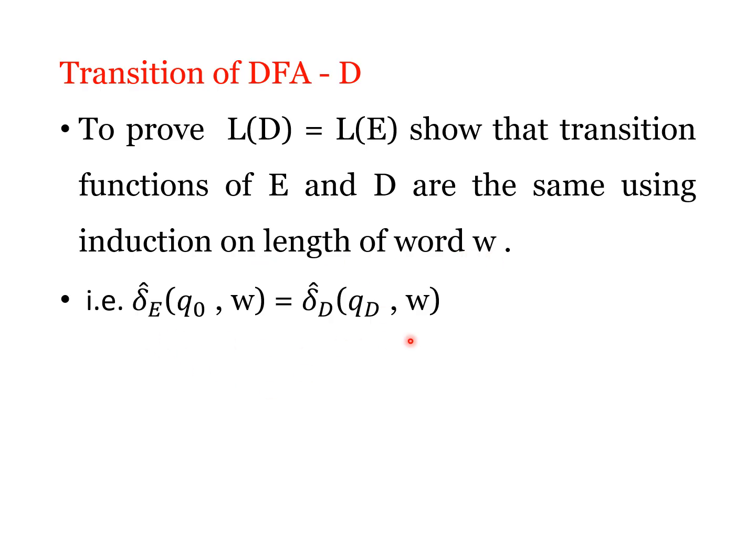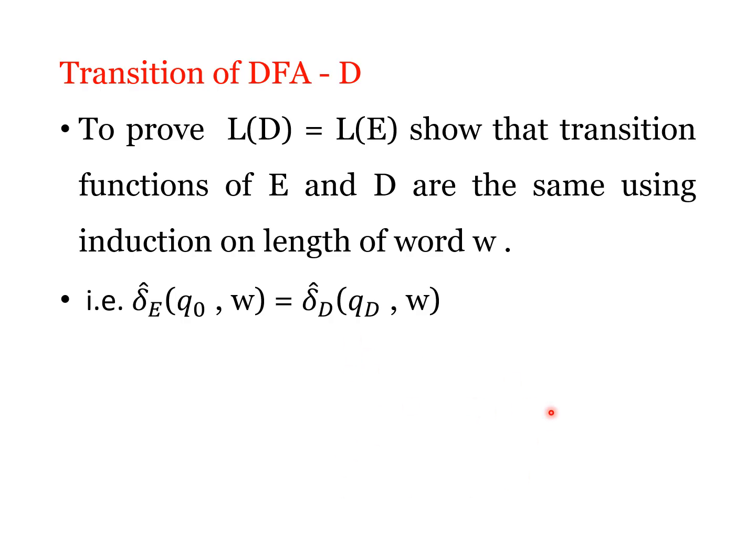So what we actually have to prove is that applying the epsilon NFA transitions sequentially from Q0 and processing each letter in W, we obtain some set of states, and that will be equal to the set obtained starting from the start state of the DFA and processing each character of the word W by applying the transitions of the DFA we have obtained.